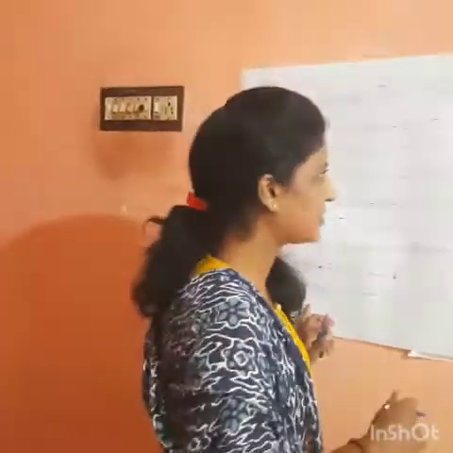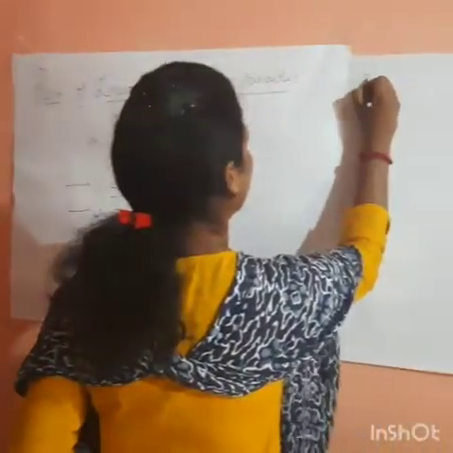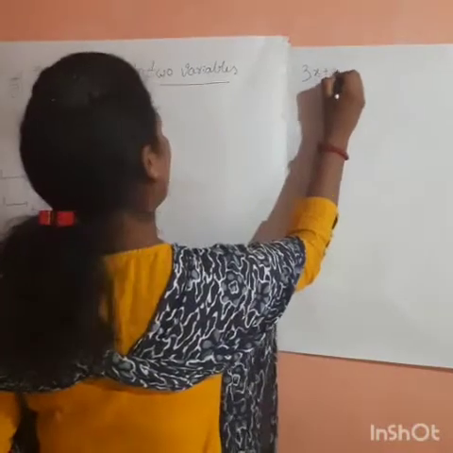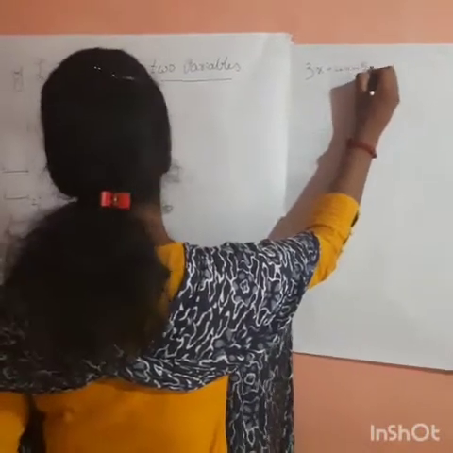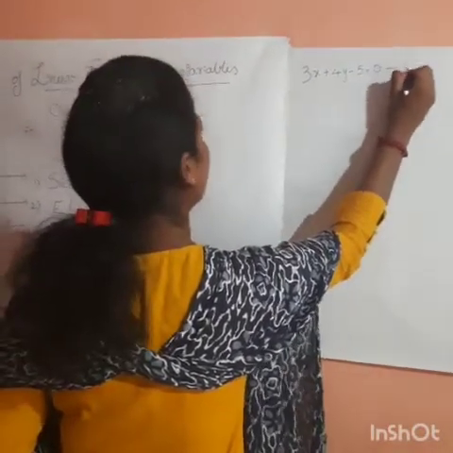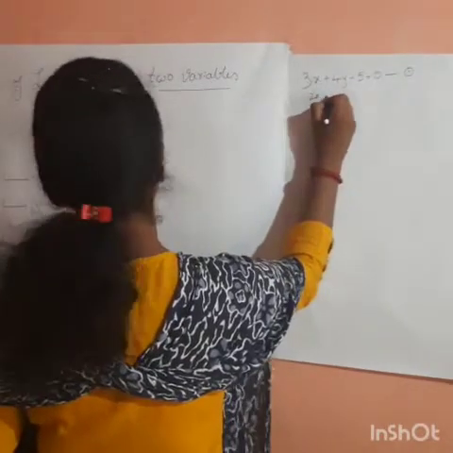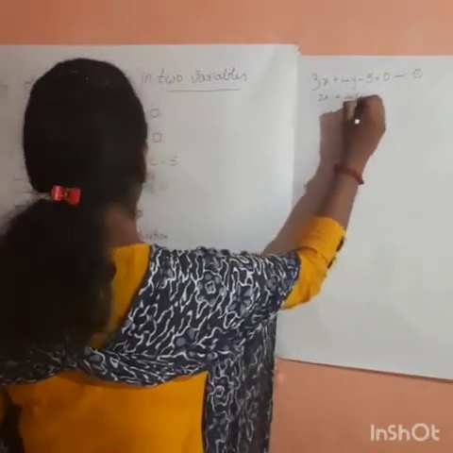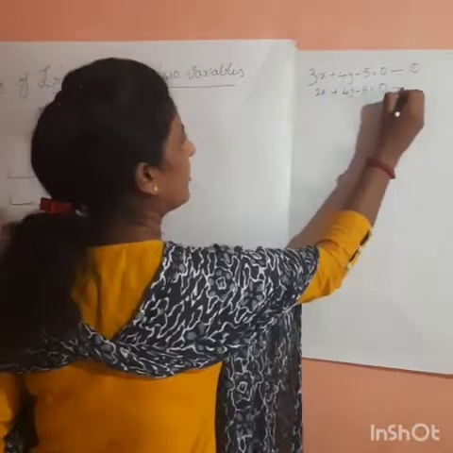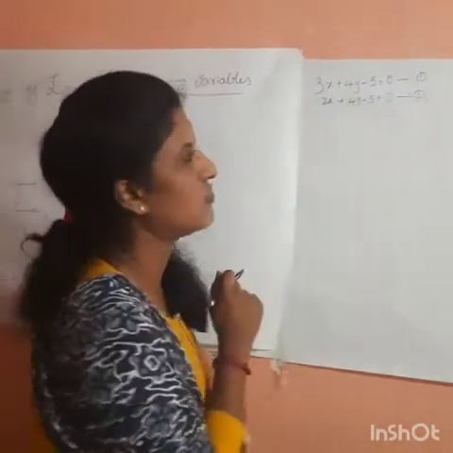For example, 3x plus 4y minus 5 equals 0. This is the first equation. And I am taking 2x plus 5y equals 0. This is the second equation I have taken.